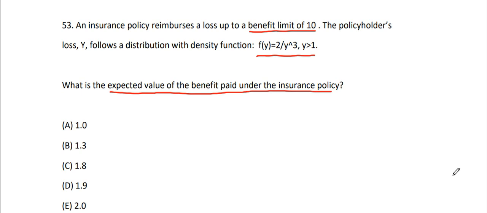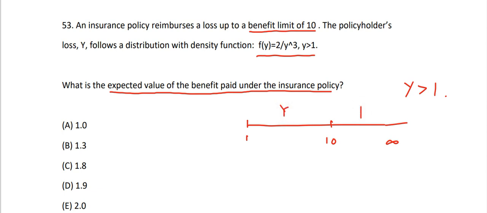Okay, so let's check. Payment: y is from 1 to infinity, so y is larger than 1, so the loss is at least 1. There is no deductible, just the benefit limit. So here we pay y, and here we pay 10, right?